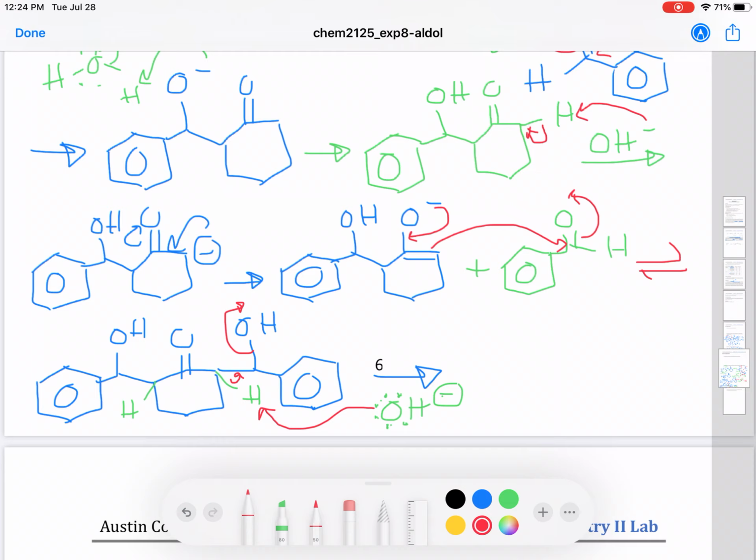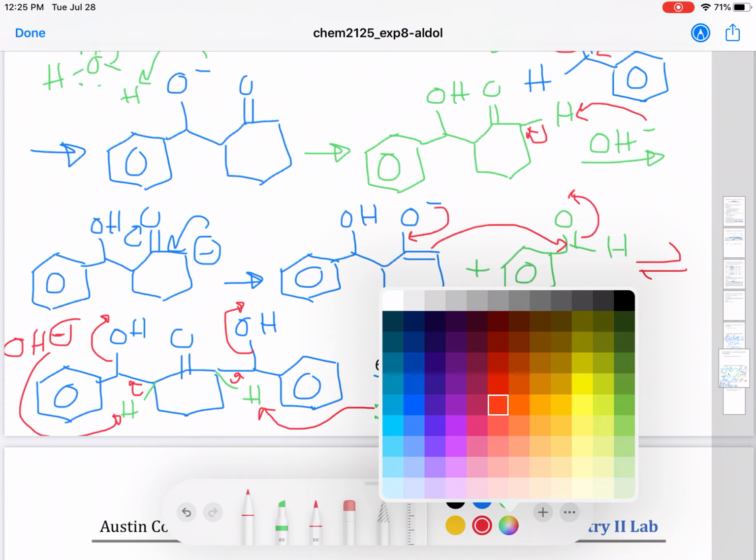Same thing happened with the other one also. Okay, same process. I'm going to come and take this hydrogen, and then you have your completed product.